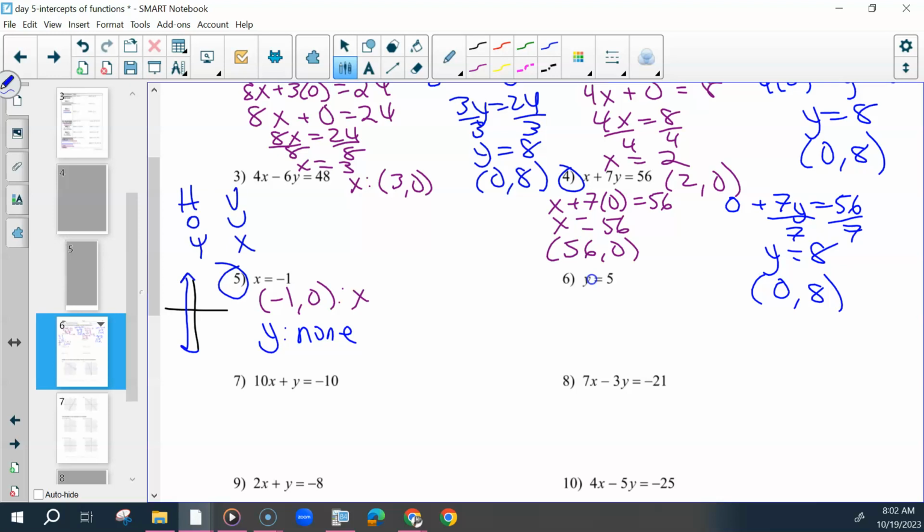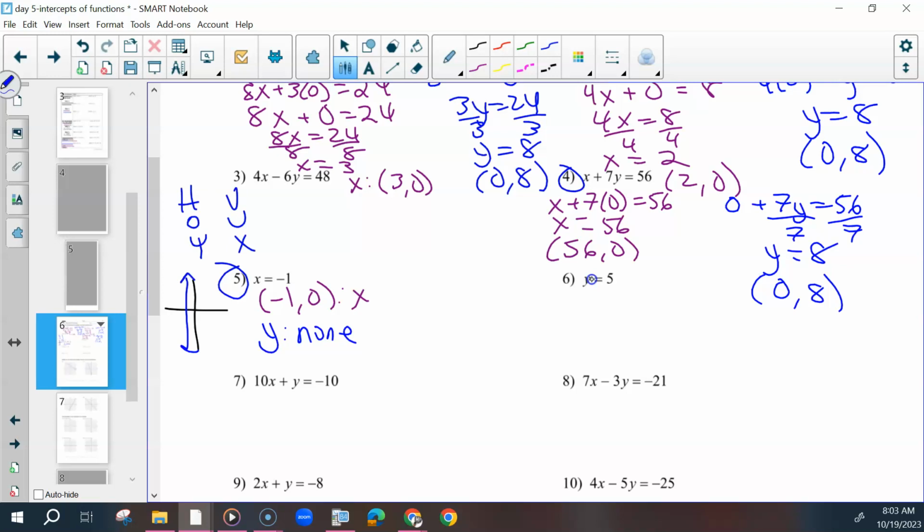Do we have any others we want to go over or have questions about? Melissa. For questions like these, on the test, are you looking for us to have the (-1, 0) and x equals, or can we just have one or the other?